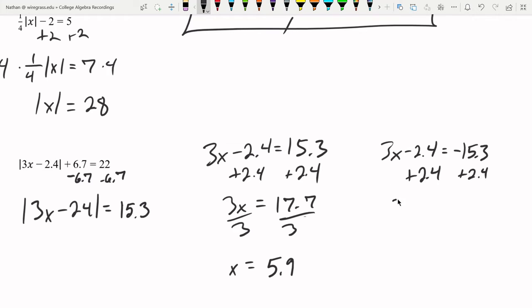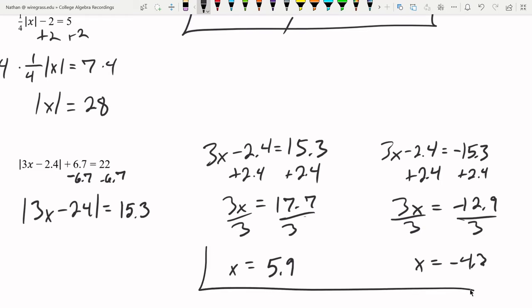We're going to add 2.4. Negative 12.9. Then divide by 3. Giving us negative 4.3. So here we have two different solutions that we had to find after we did this extra step, but we get two answers for this one as well.